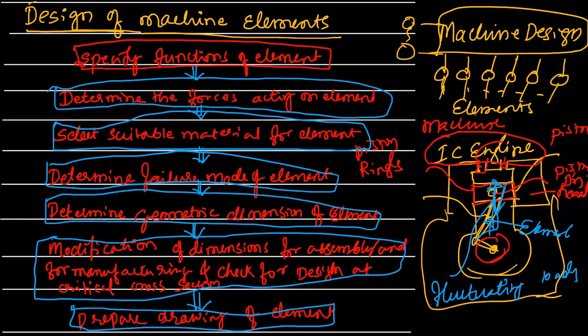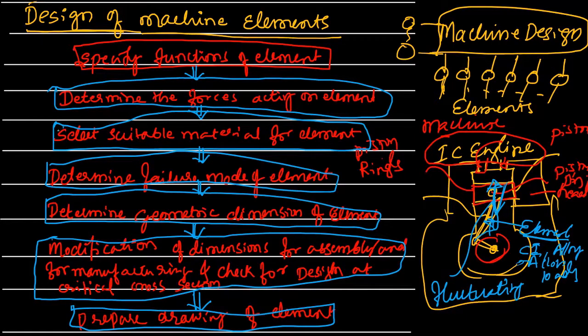Now, as you know the forces, you select suitable material for this crankshaft, sorry, this connecting rod. Whether you go for cast iron, or for alloy material, or alloy cast iron. Once you select the material, you have certain properties in the data handbook: ultimate strength, yield strength, and a suitable factor of safety.